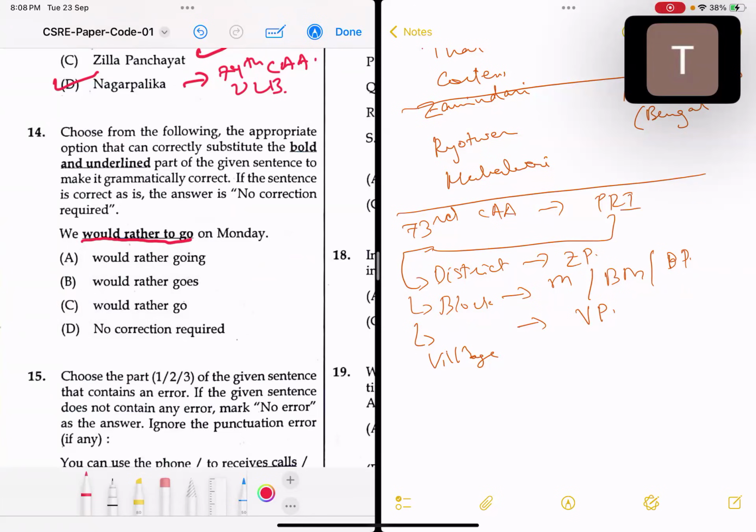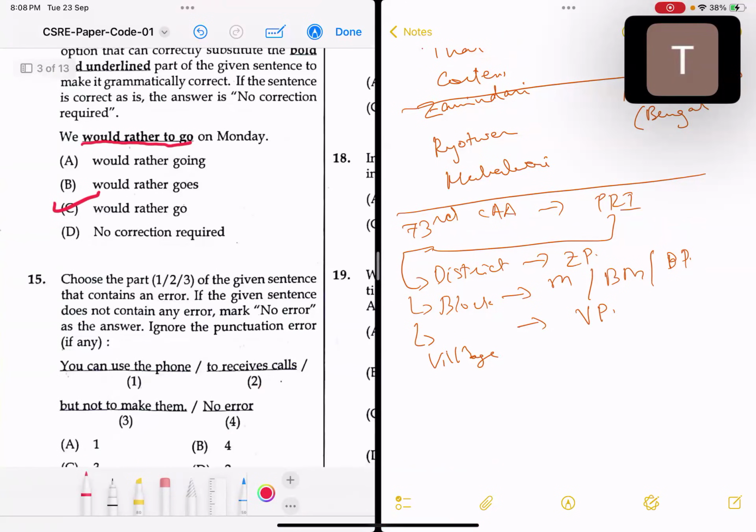Now here, if you look at the 4 options, we see that the correct option would be we would rather go, right? Because the word to go doesn't make sense, it does not make any sense. So the correct statement option would be we would rather go on Monday, right?